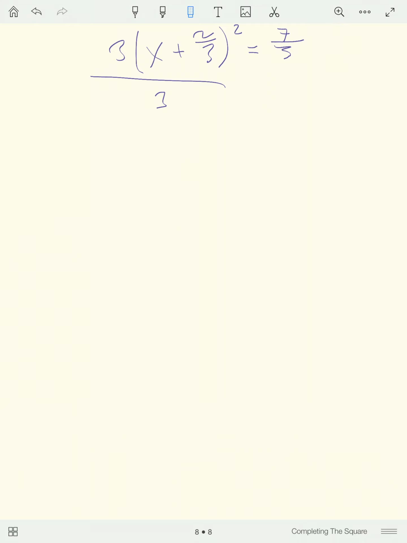Times 1 over 3, of course. Dot flip, right? Dot flip. There we go. Okay, 7 times, let's rewrite all this, right?